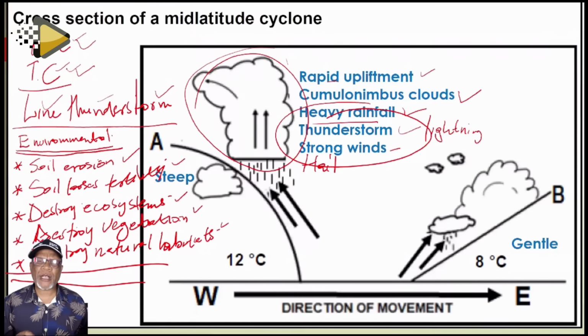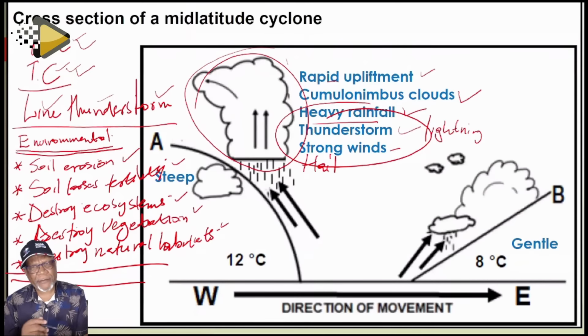You can look at the man-made environment that is going to destroy the harbor, because the question is open. It says coastal environment. It does not say natural environment. So now you can also bring about the destruction of ports, harbors, infrastructure, and all other things that are not natural.